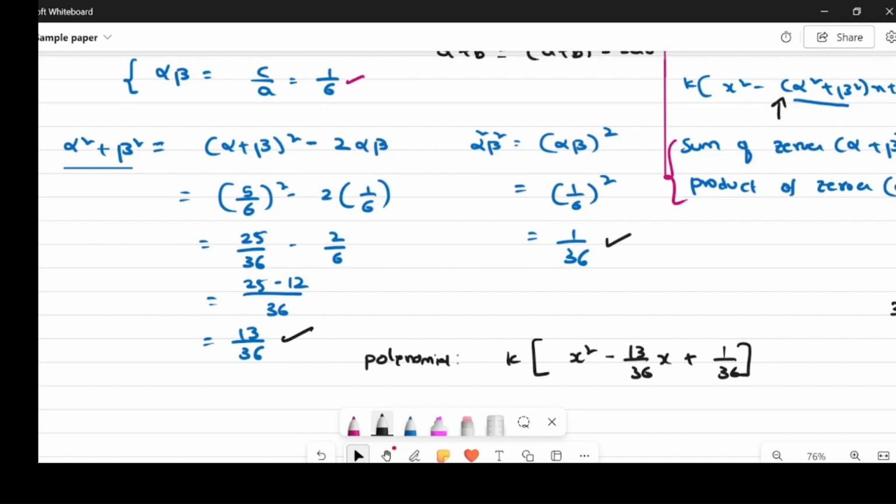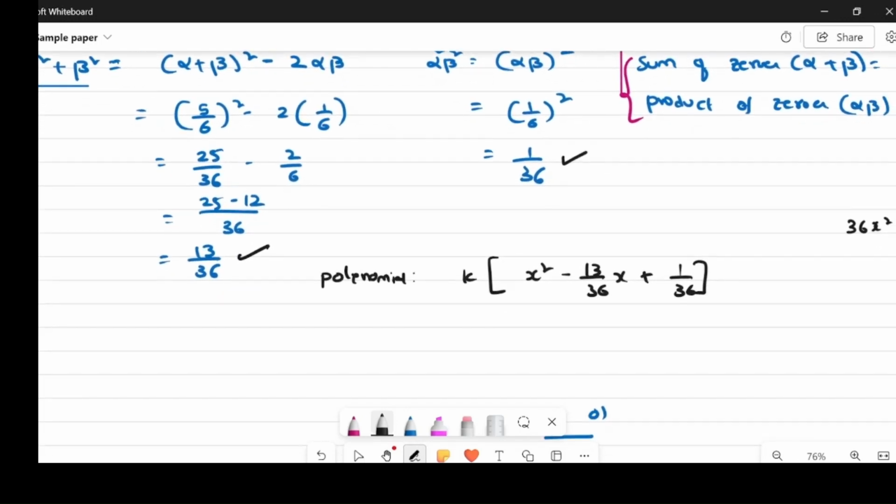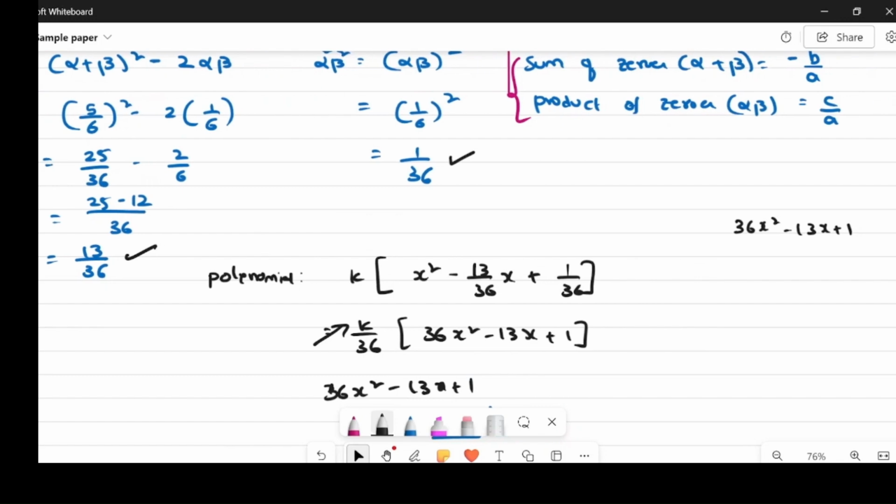Again same thing, we can take 36 LCM and outside, so we'll get 36x square minus 13x plus 1. If we have k equal to 36, then our required polynomial would be 36x square minus 13x plus 1. So this should be our final answer, which is the same in both the cases.